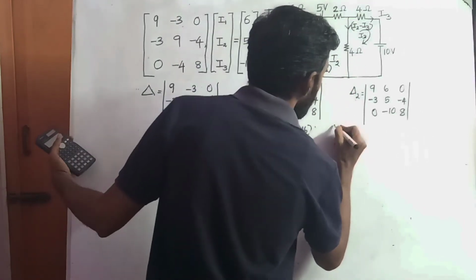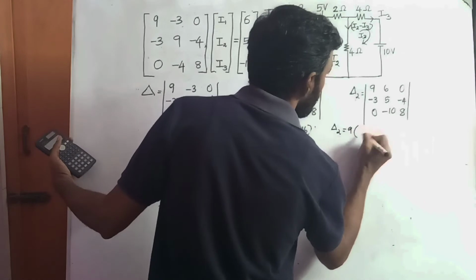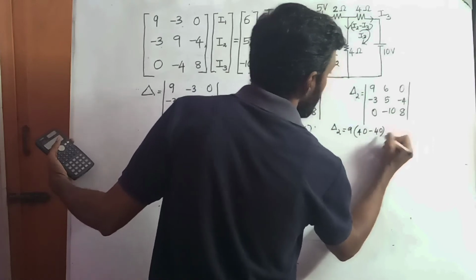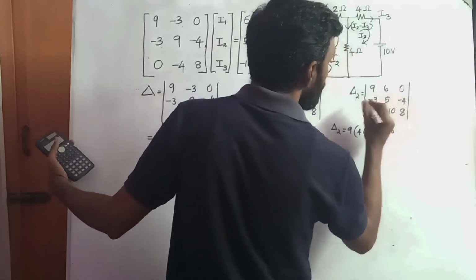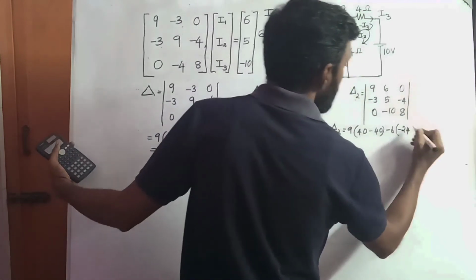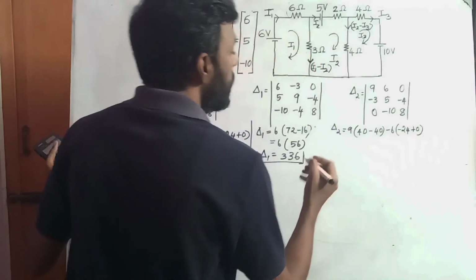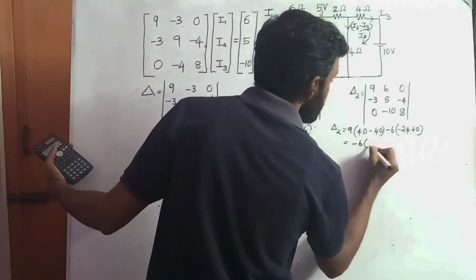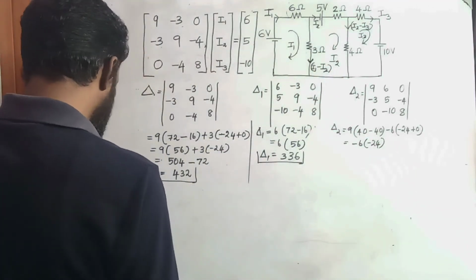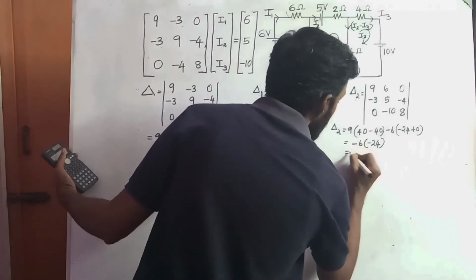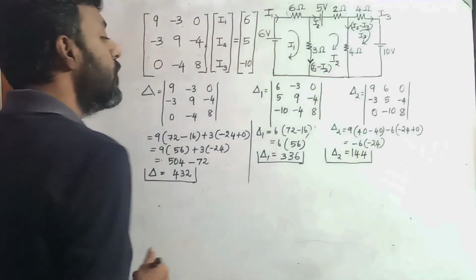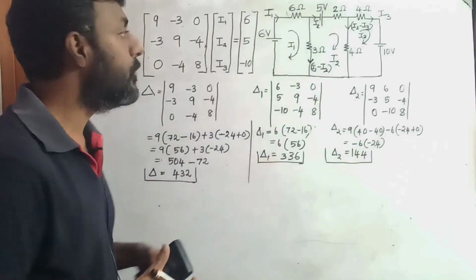The value will be delta 2 equals 9 into (5 eights are 40, minus 6 into 8 threes are 24), minus 24, plus 0 and 0. So minus 6 into minus 24, 24 into 6 equals 144. Therefore delta 2 equals 144. The final thing is we need to find the value of delta 3.